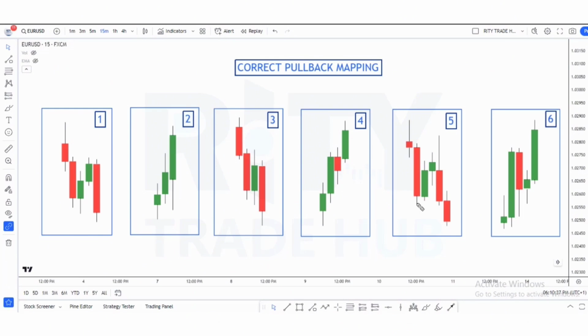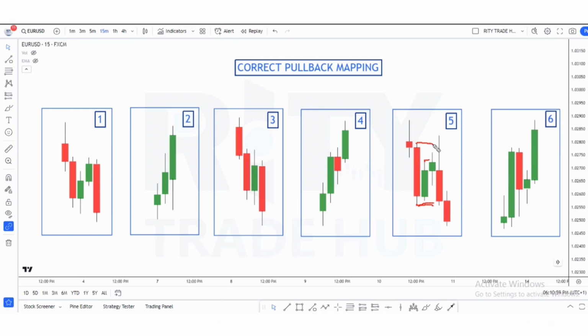But right here, guys, as you can see here, we have the lowest point around here. So that means we are not expecting price, if price just takes out this high, then it's not a valid pullback. So since we are looking at this red candle here, because this price is not closed below it, we're expecting price to take out the high of this candle.